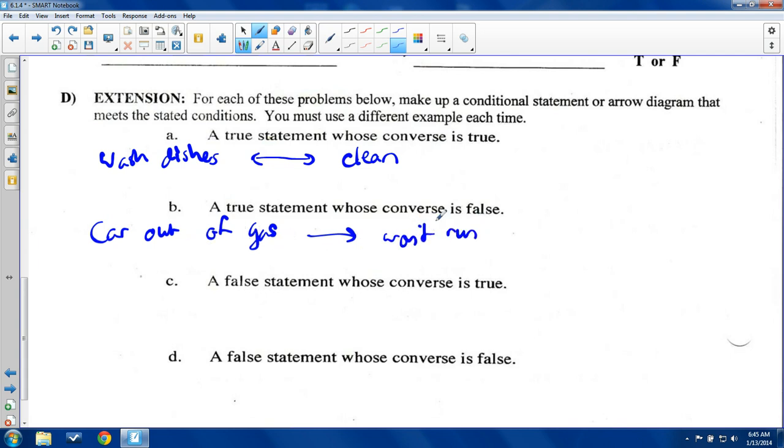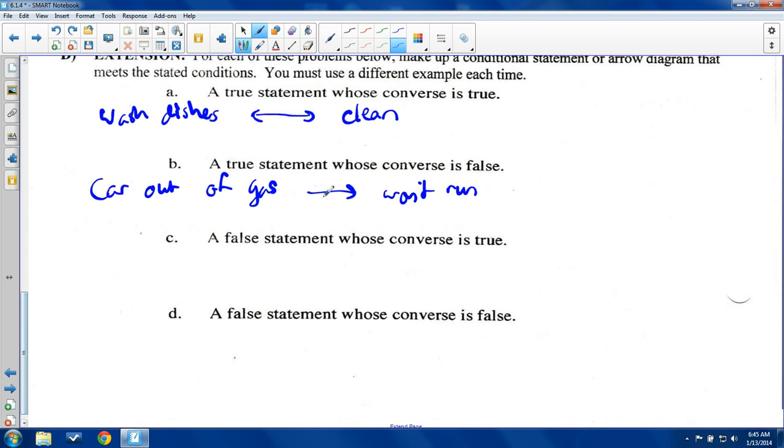If your car's out of gas, then it won't run. However, if your car won't run, does that mean it's out of gas? It could, but you can't just specify that, right? A car not running is that major group. Subgroups of won't running are batteries dead, car's out of gas, bad alternator, whatever, things like that, right? There are a bunch of different things. This heater kind of just made a funny noise.